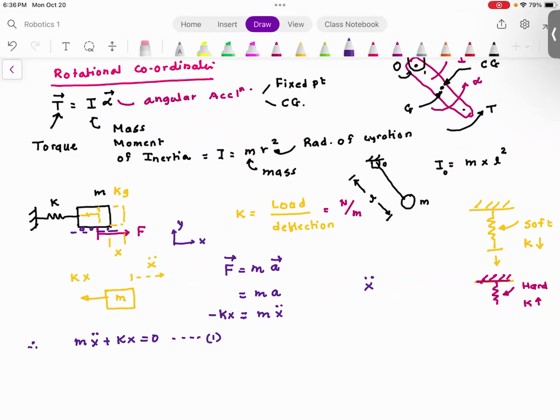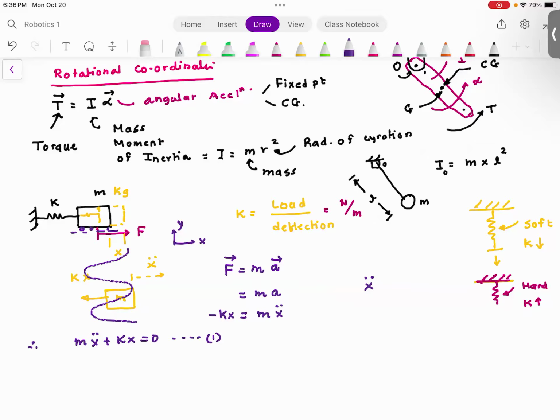Do you agree with me that this mass would continue to oscillate back and forth? Do you agree with me? If there is no energy dissipation, these oscillations would go on for an infinite amount of time.